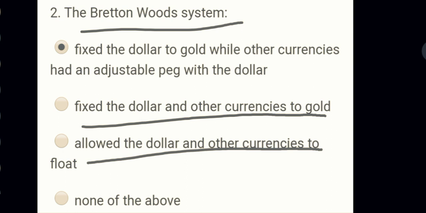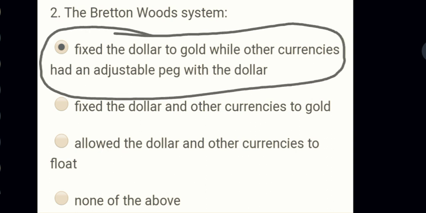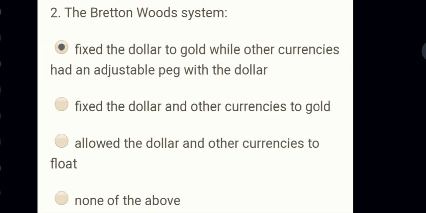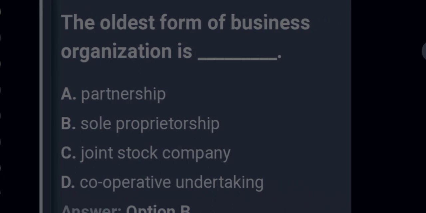The right option to this question was the first option, that is in the Bretton Woods system they fixed the dollar to gold, where other currencies had an adjustable peg with the dollar. So it collapsed in 1970, I guess, by the Nixon shock.